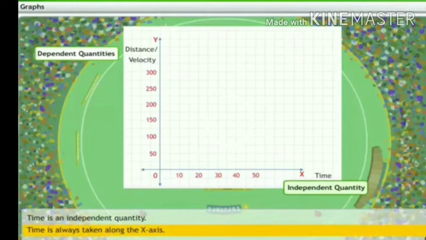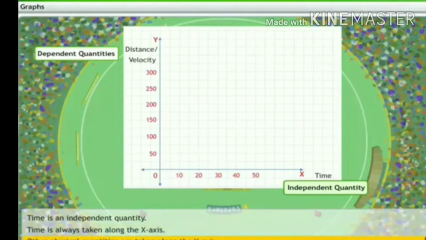So when we plot this graph of time versus velocity, then we will see whether it is uniform or non-uniform acceleration. Time is the independent quantity and here velocity or distance is the dependent quantity, which is always taken on the y-axis.